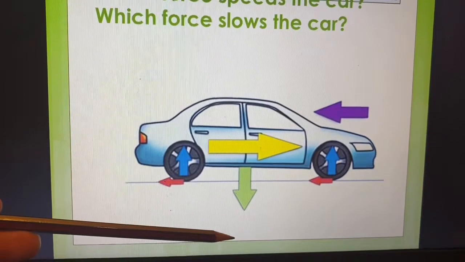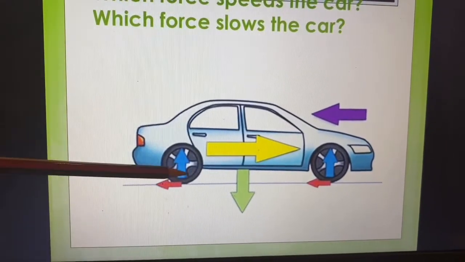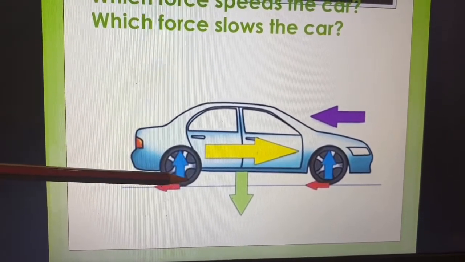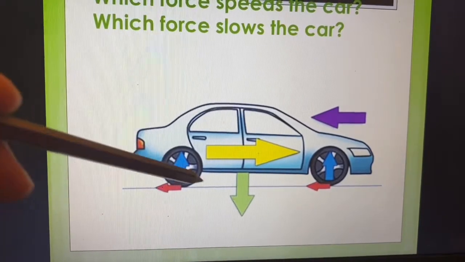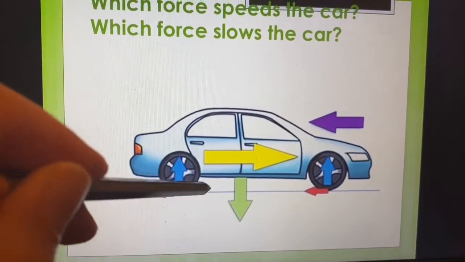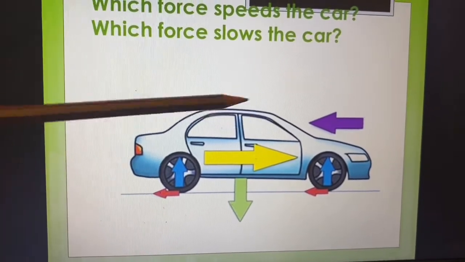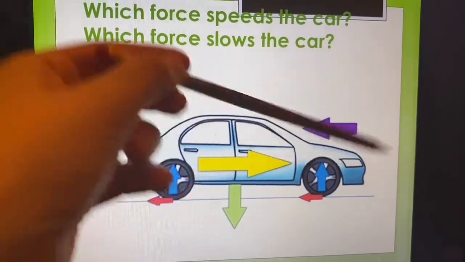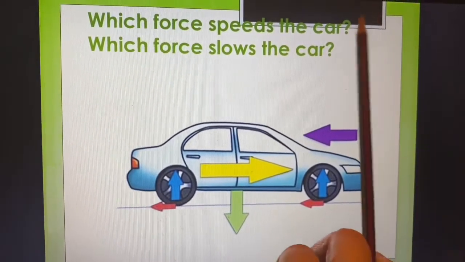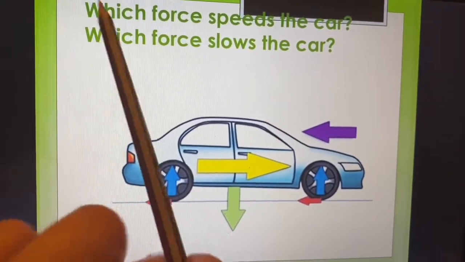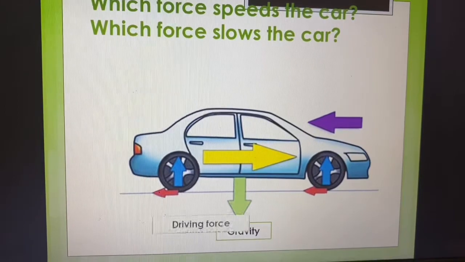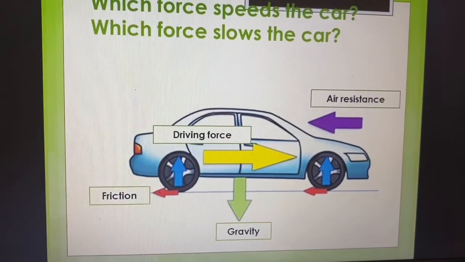And then we said that there is also friction between the tires and the floor, and friction always goes in the opposite direction of the motion. And when the car is moving, the air is trying to push it backwards. So these are the forces that affect the car.